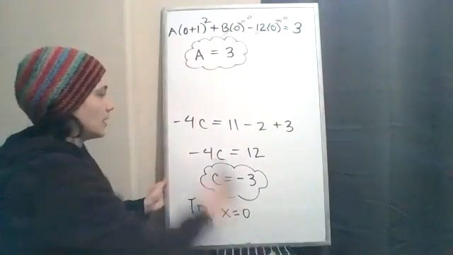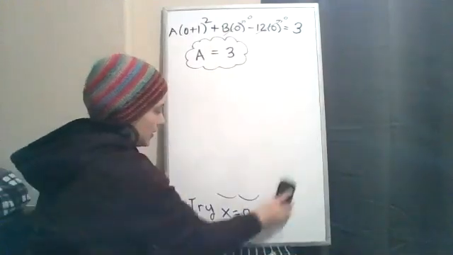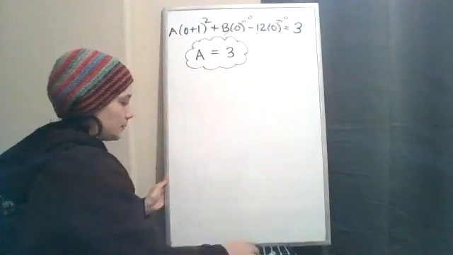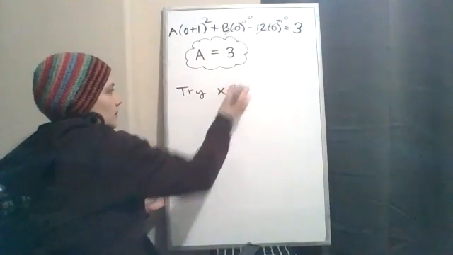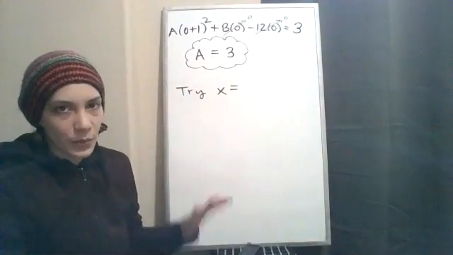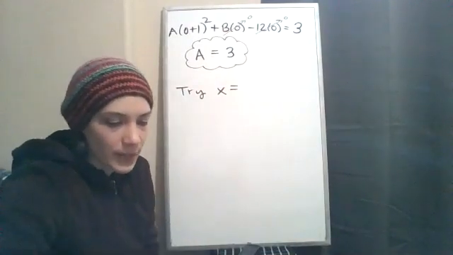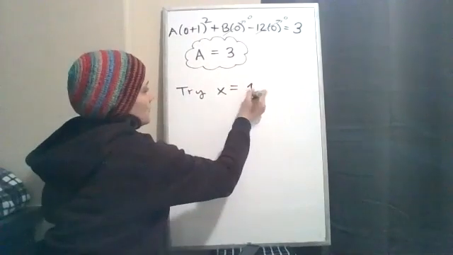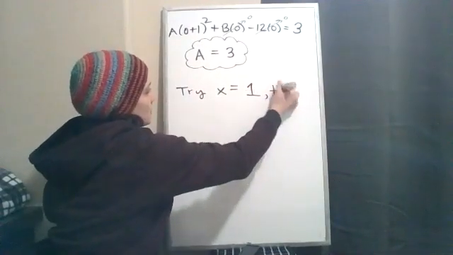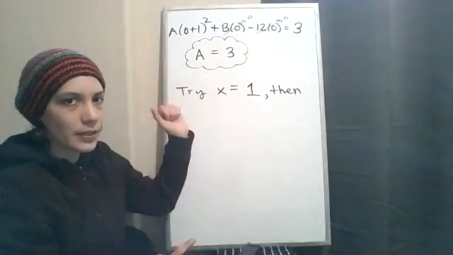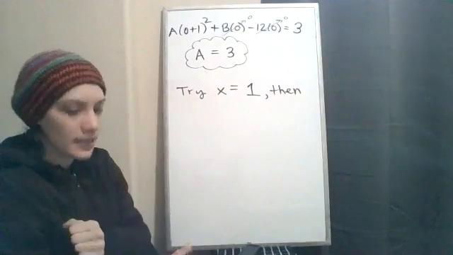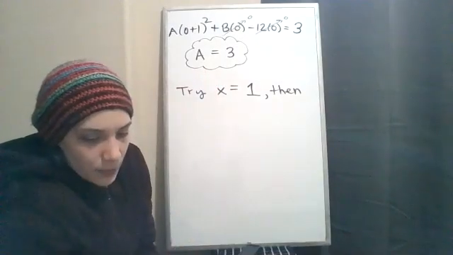Next, let's get some value of x. At this point, any x will work, but I picked a nice number, 1. Okay, putting in 1 for x, we know a and we know c, so we'll figure out what b is. It's going to be 3 times 1 plus 1.